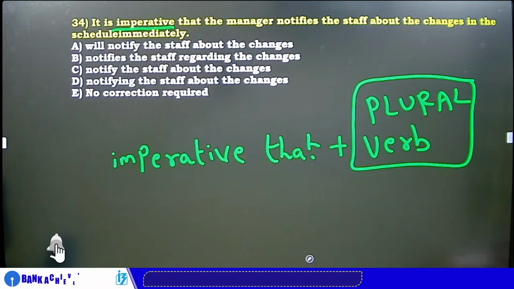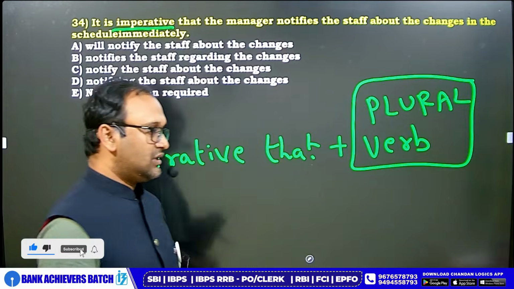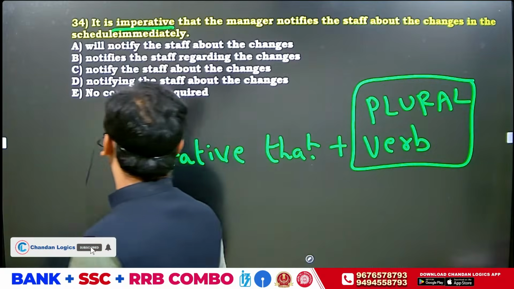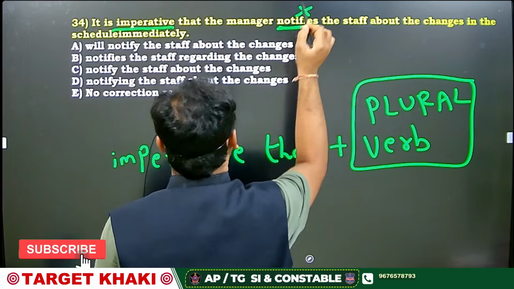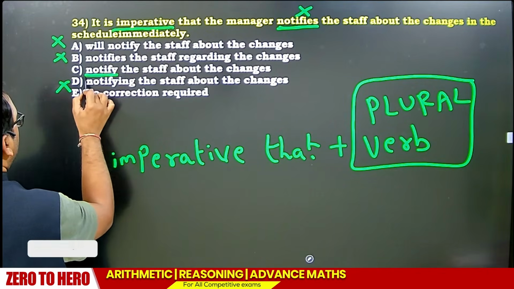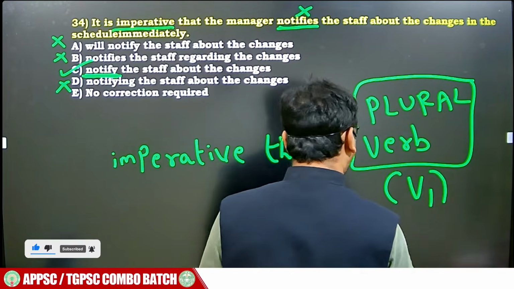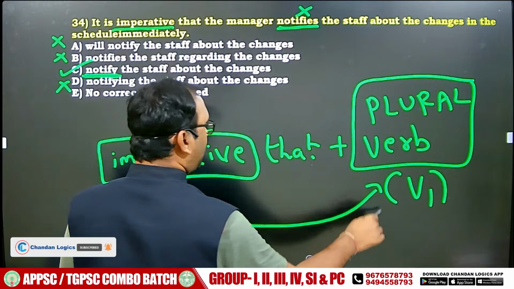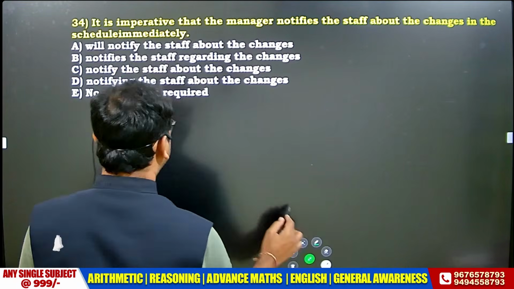Here notifies, it is singular. This is ing form. This is again singular. This is future tense. The verb must be in the simple present plural form. So plural verb in the present tense means V1. I repeat, when you have the imperative model, the verb must be in the plural case V1. Please understand this rule, guys.